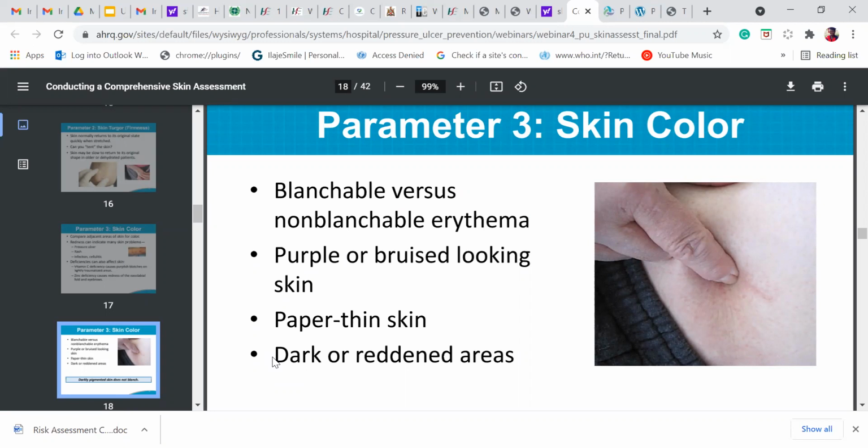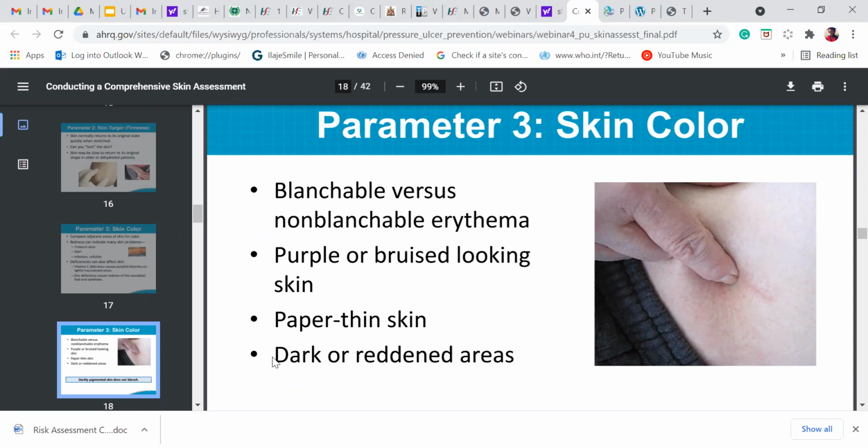If it takes more time for the blood flow to return when you press down on the skin, it goes pale initially, and then blood flow will come back. So you look at the return of blood flow to the area, was it fast or was it slow? Or maybe it did not return, it was just plain like that. So that is non-blanchable.